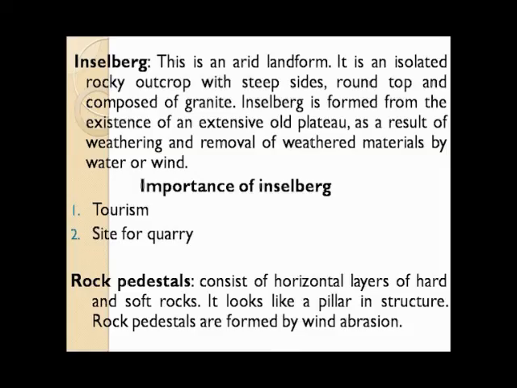Let us also consider the rock pedestals. Like I said earlier, we will look at some of these features mentioned in detail. So one of them here is rock pedestals. Rock pedestal consists of horizontal layers of hard and soft rock. Horizontal, you have hard rock. The next layer is soft rock.